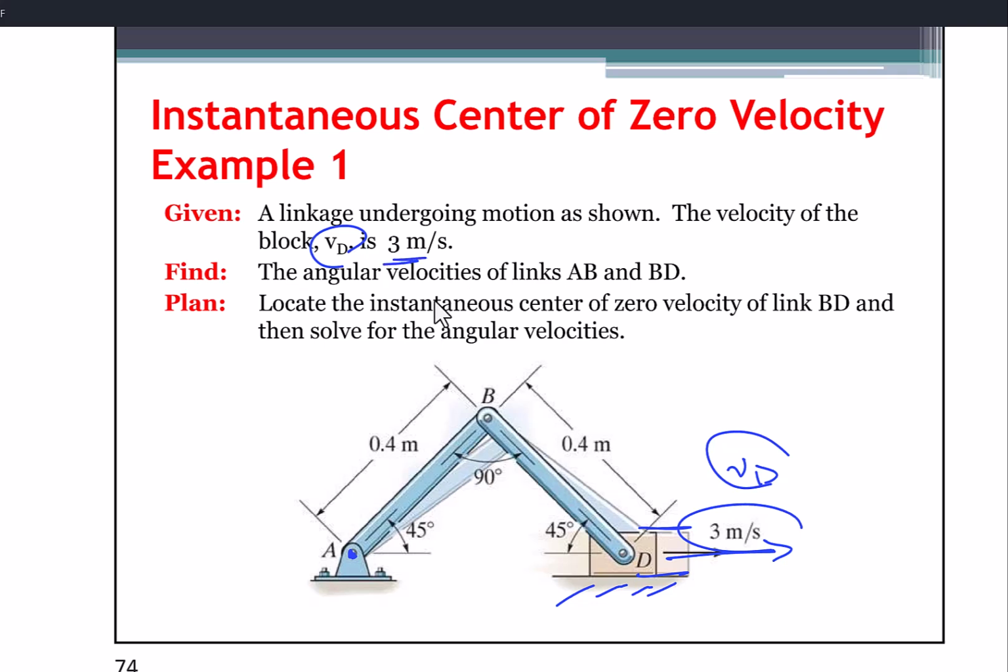So this is 3 meters per second, and we want to find the angular velocities of links AB and BD. So what is the angular velocity here and the angular velocity here? Omega or omega. So the plan is to first locate the instantaneous center of zero velocity of this link, and we have its velocity, and then solve for the angular velocities.